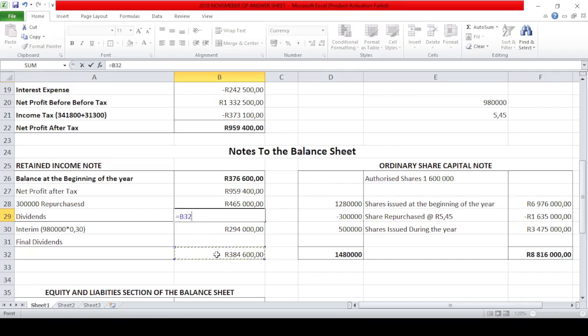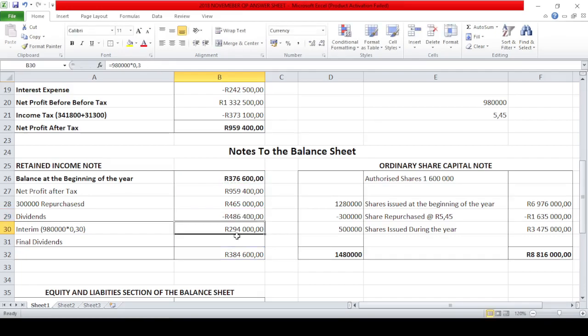We say 384,600 rands plus 465,000 rands minus the net profit after tax, which is 959,400, minus 376,600, which is the balance at the beginning of the year.